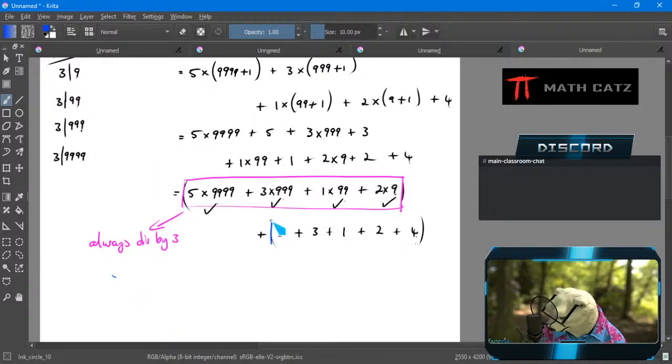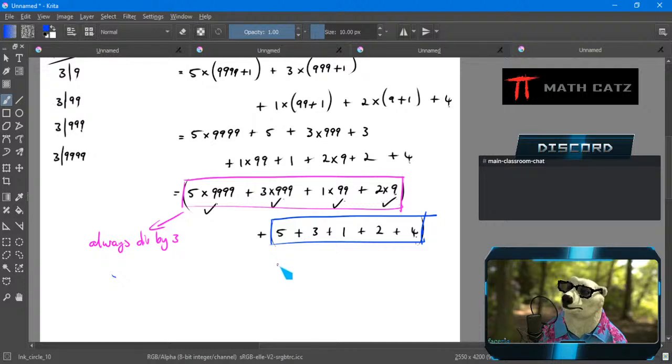So I really need those two properties. So what I have is that only this blue section is what's going to decide if my original number is divisible by 3. So divisibility by 3 of the original only depends on this blue section.